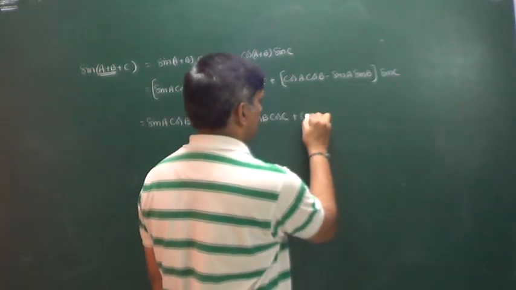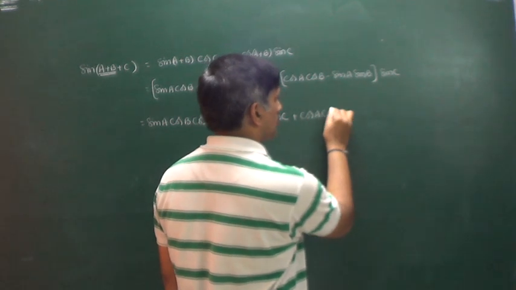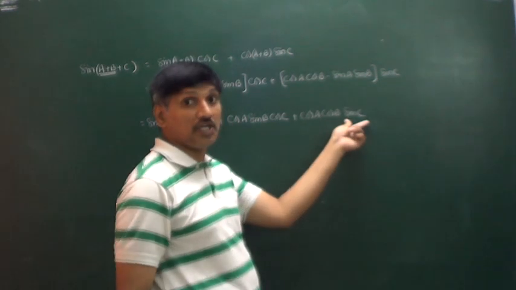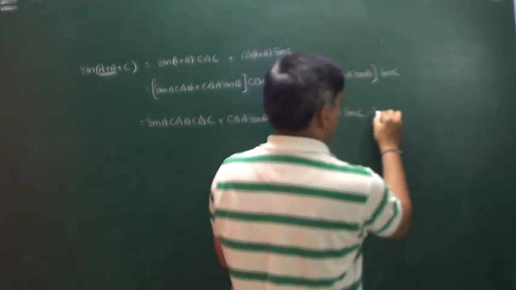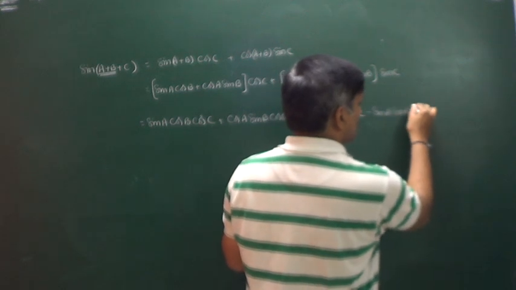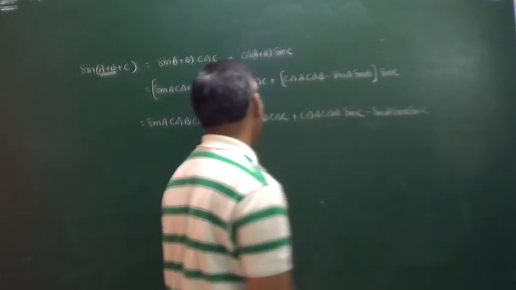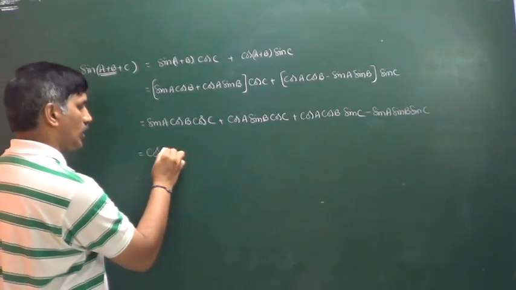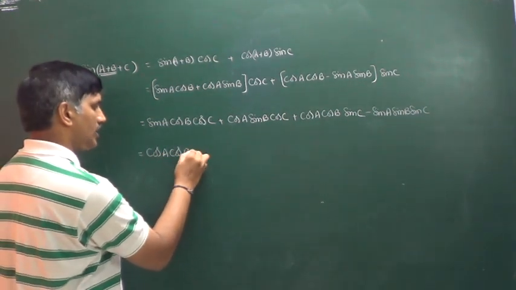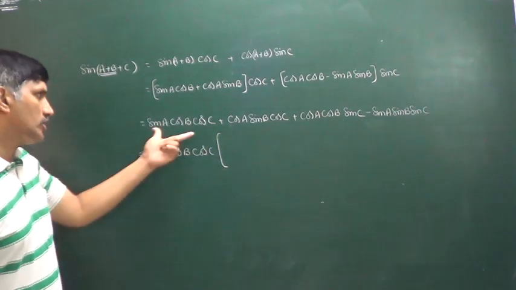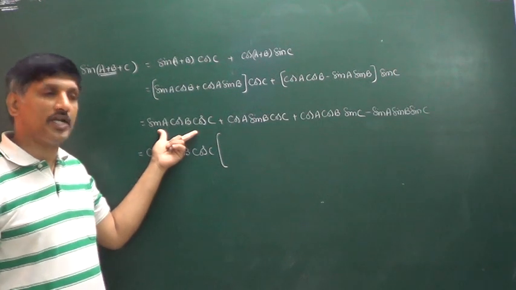Next, plus cos A cos B sin C. Here cos C is missing. Finally, minus sin A sin B sin C. Now from this entire equation I am taking cos A cos B cos C common.